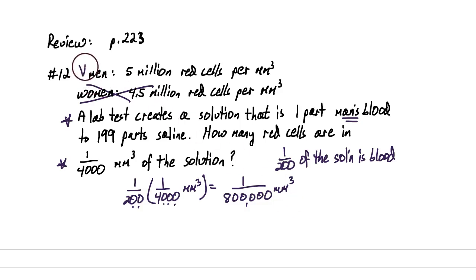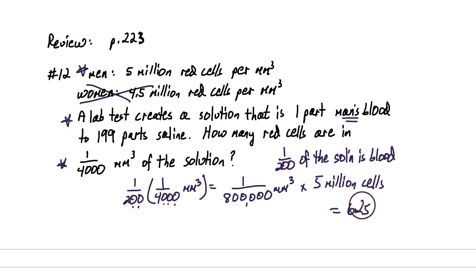From the very first part, we're told that there are 5 million red blood cells per cubic millimeter. So let's take this amount of cubic millimeters and multiply it by 5 million blood cells. 1/800,000 times 5 million on a calculator makes 6.25 blood cells.